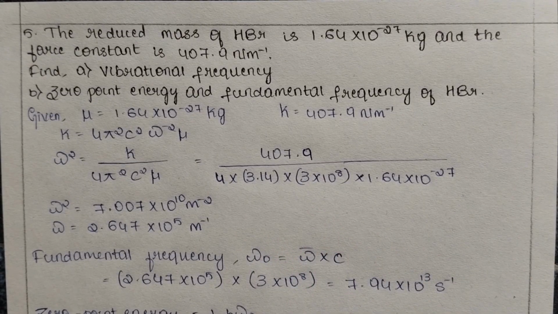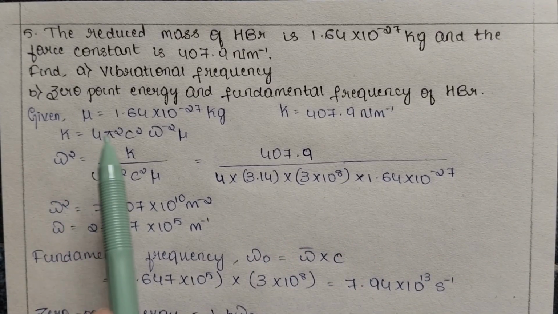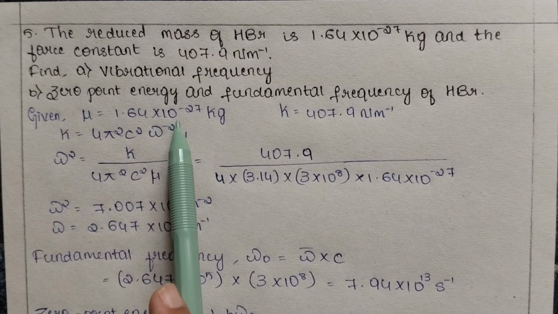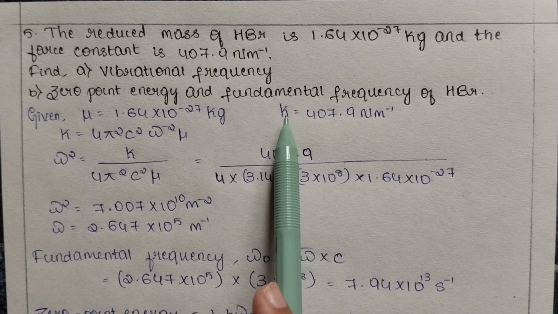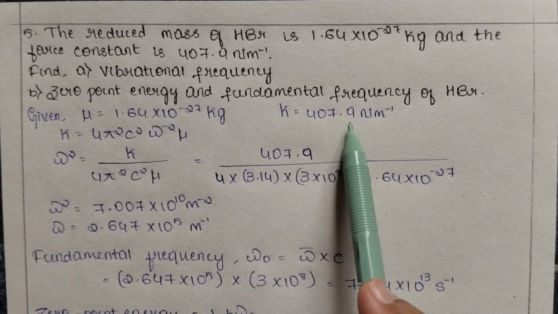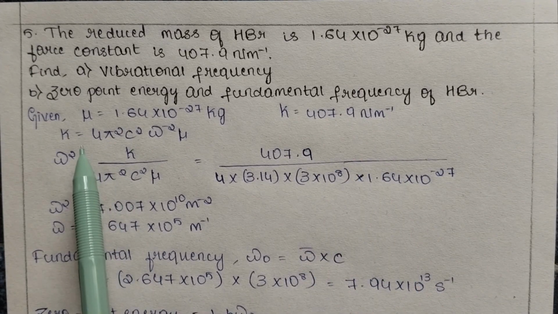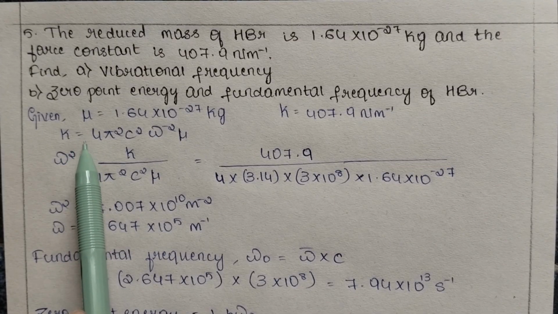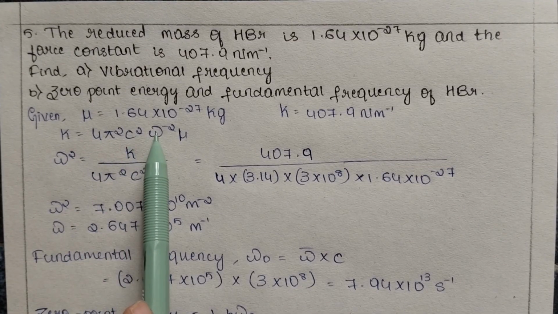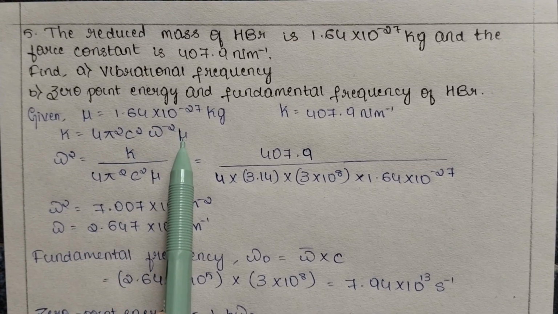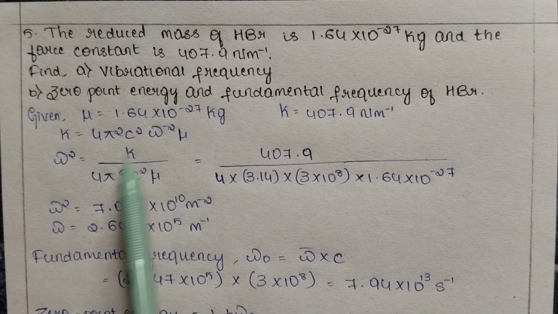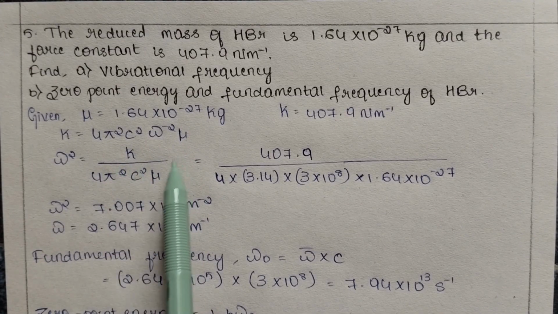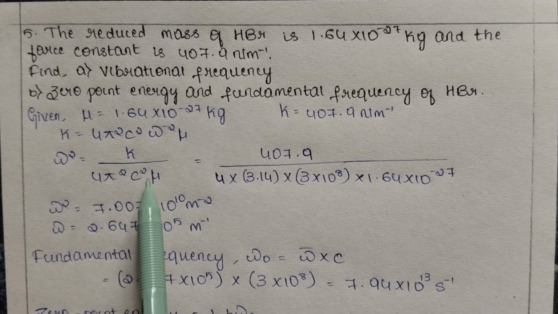So now first we'll write the given content, that is mu, the reduced mass, which is 1.64 × 10^-27 kg, and K, the force constant, 407.9 Newton per meter. And we know the equation to calculate the force constant K, which is nothing but 4 pi square c square omega square mu. By rearranging this equation, we get omega square is equal to K by 4 pi square c square mu.